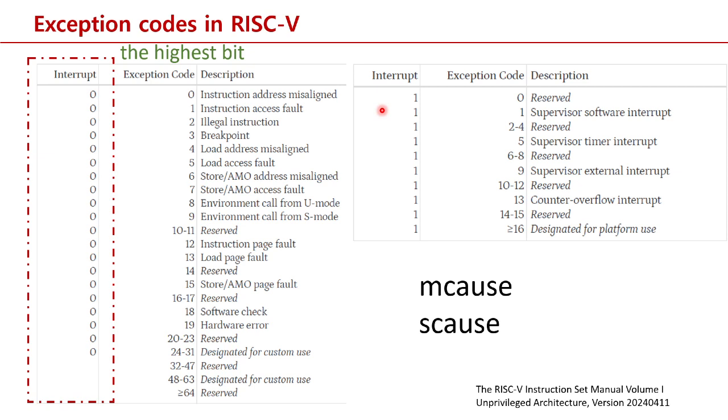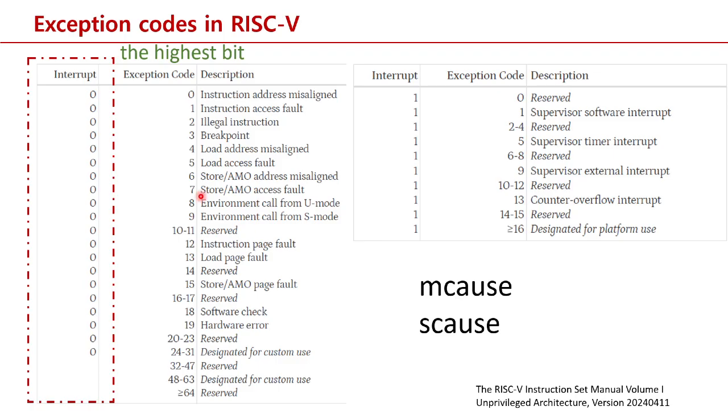Another important thing to understand is that this exception code is updated to the mcause register or scause register when a trap happens. Please note that this exception code is updated to the CSR register when a trap happens.